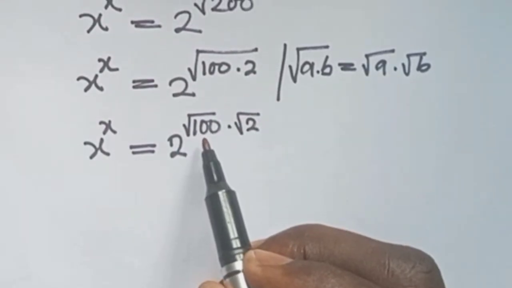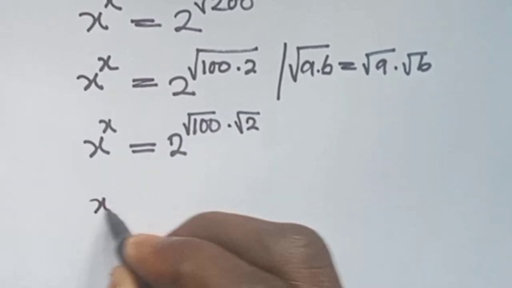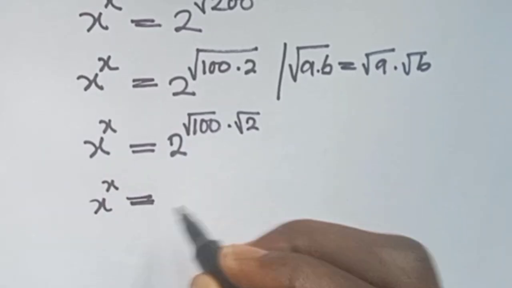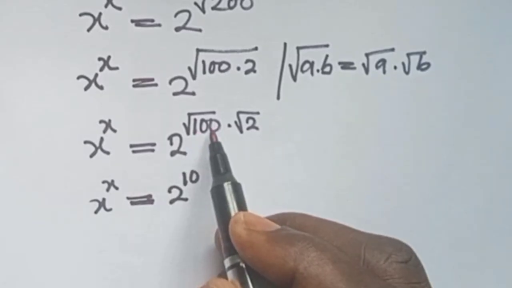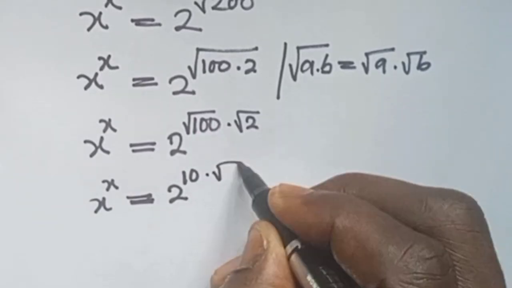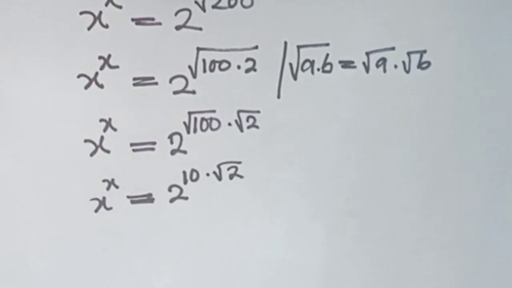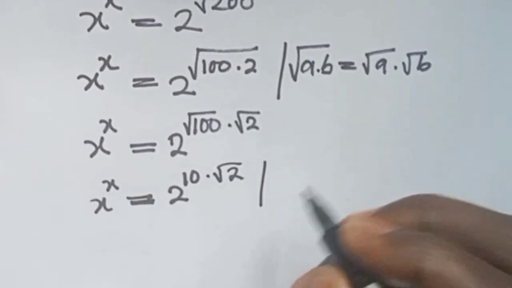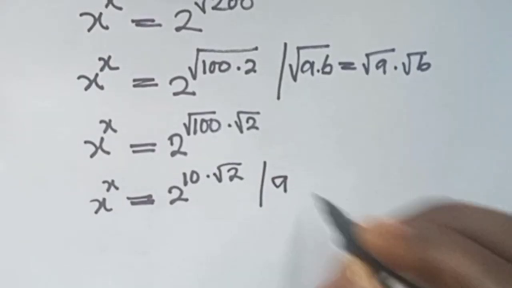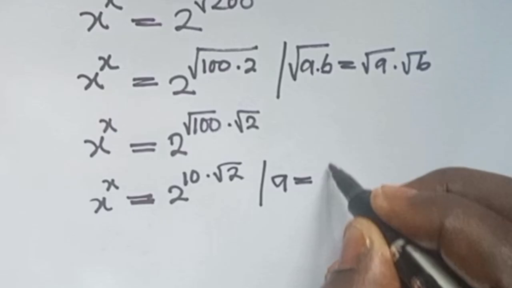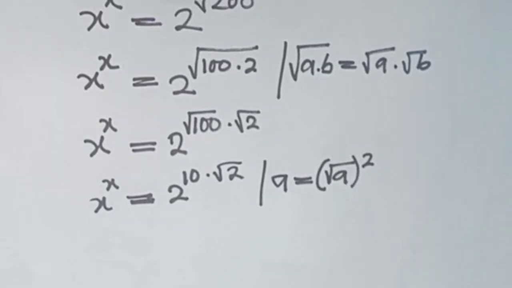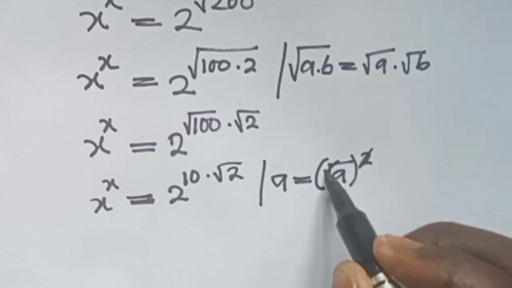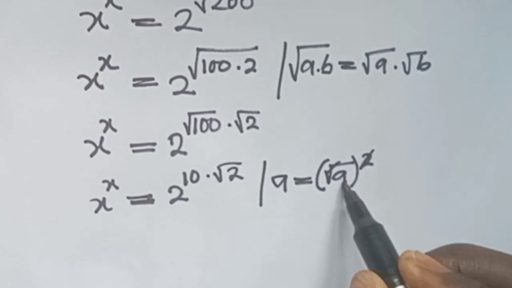But 100 is a perfect square, so x to the power of x equals 2 to the power of 10 times square root of 2. Again, a can be written as the square root of a to the power of 2, so that when the square root and square cancel out, we get a.